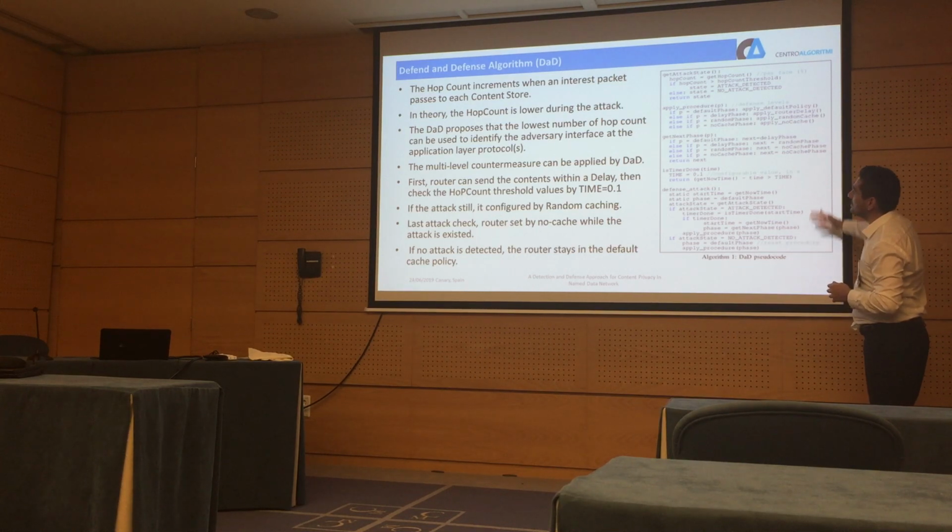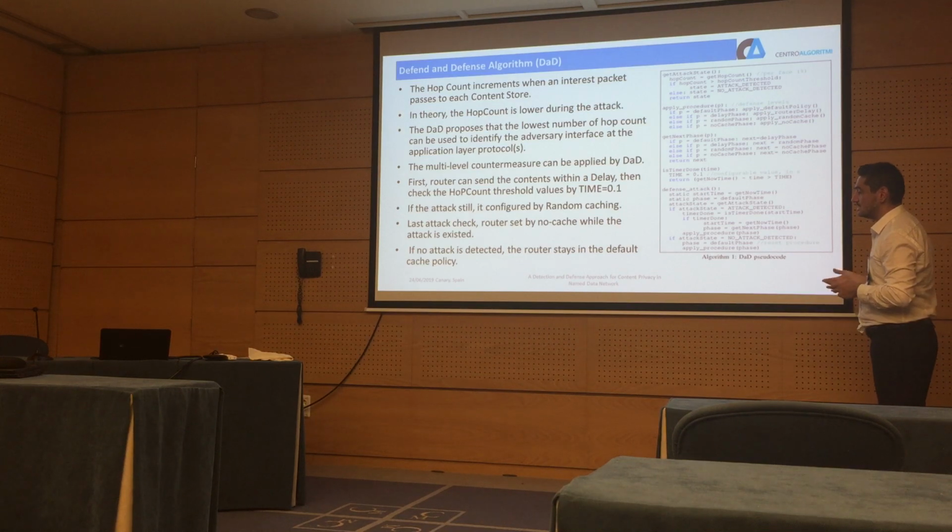So what does the algorithm do? Basically, I assume that the hop count can be used to identify the adversary face. Who is going to identify the hop count? The application layer. We have three applications there in NDN. The first one is the Named Data Networking Forwarding Daemon, NFD, and this hop count can be obtained by NFD.